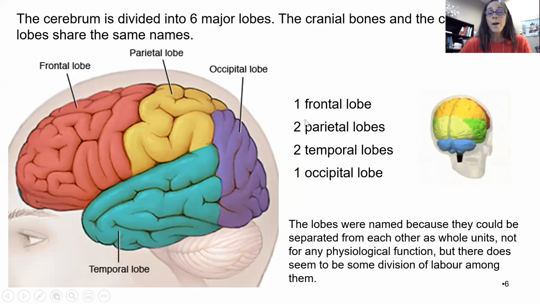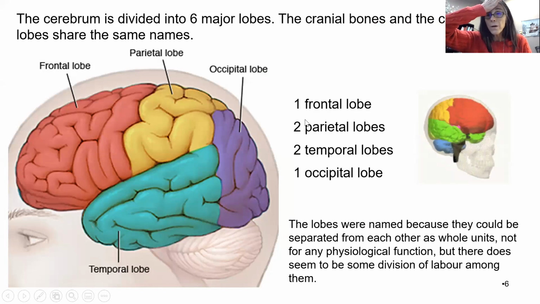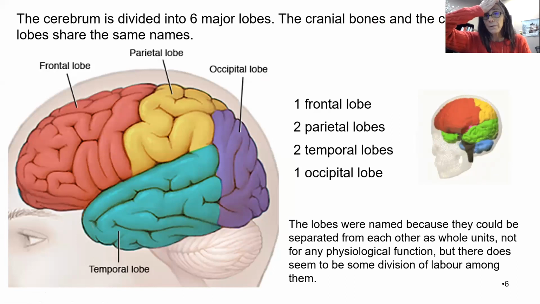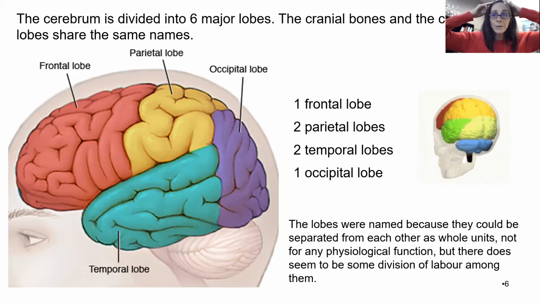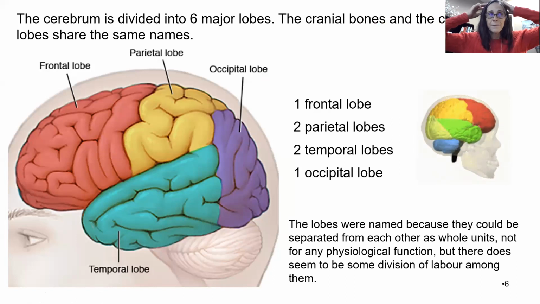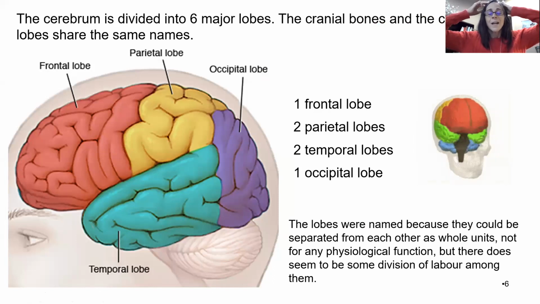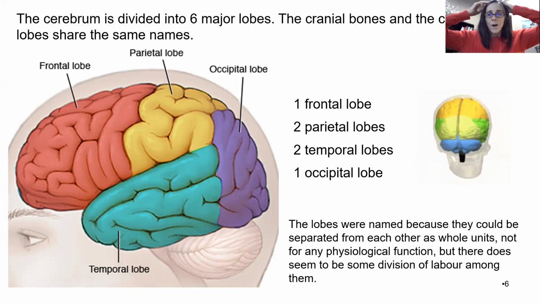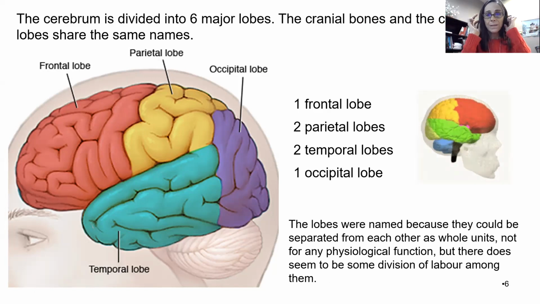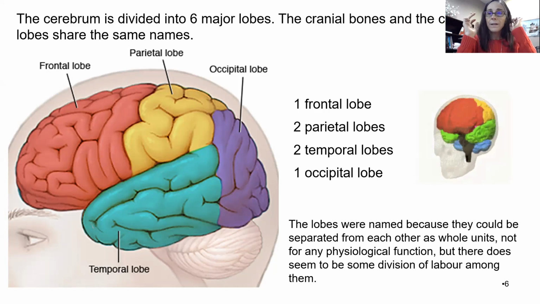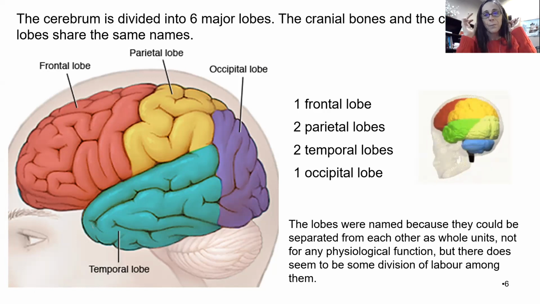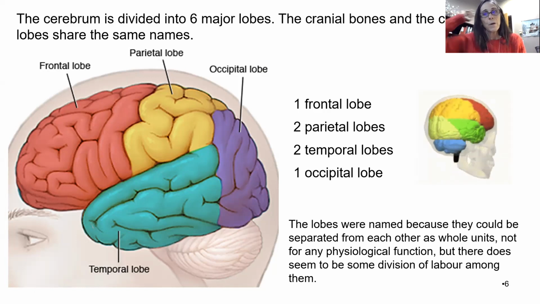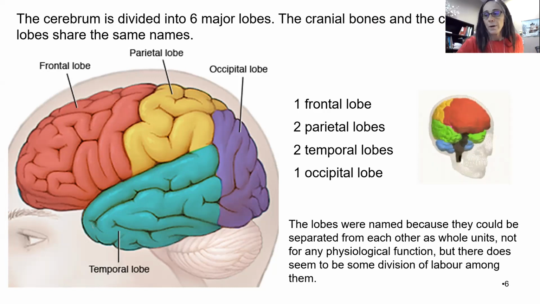That means that you have one frontal lobe on top of the frontal bone, two parietal lobes, left and right, on the parietal bones, you have two temporal ones, one on the right and one on the left, and one occipital lobe.